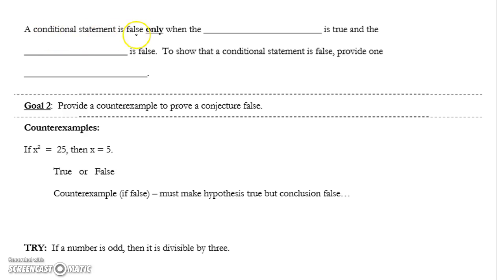So the conditional statement is false only when the hypothesis is true, just like when the given has to be true, and the conclusion is false, just like the conjecture would have to be false. And just like with our given and conjecture, in order to show that our conditional statement is false, we have to provide a counterexample.